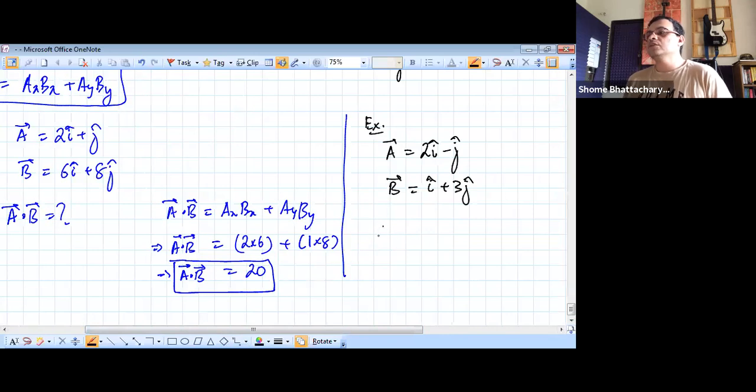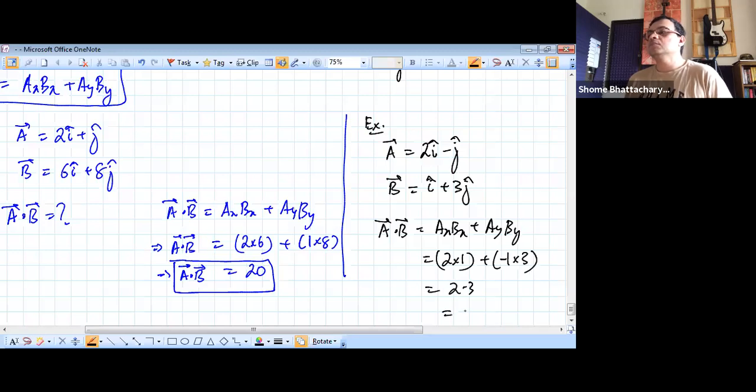Now I ask you what is A dot B. So again, when you substitute in the formula Ax Bx plus Ay By, don't forget to include the sign. So Ax is 2, Bx is 1, but as far as Ay is concerned, it is minus 1 and By is 3. So this will become 2 minus 3, or this will become minus 1. So in this case, A dot B will come out to be a negative quantity, which is always possible, because if two vectors are making an obtuse angle with each other, then their dot product has to be negative.